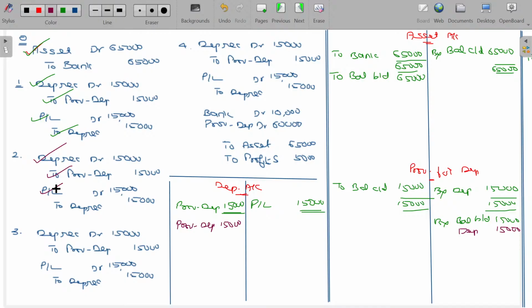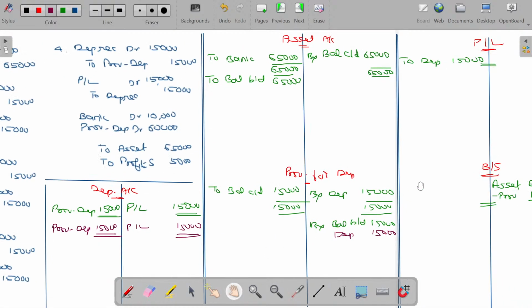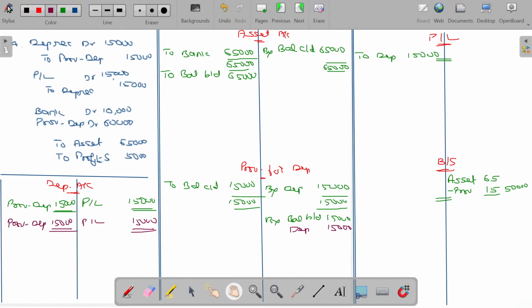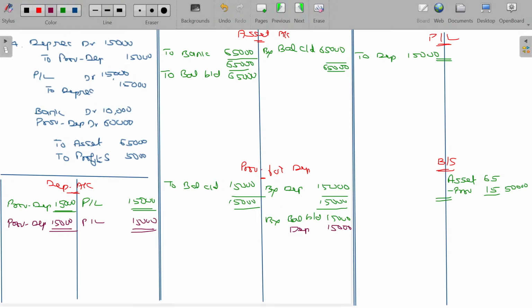In P&L account, it should be debited. In depreciation, it should be credit side P&L account. That's all. Clear? So I have posted only the P&L account. In P&L account, for the second year, depreciation will be debited here. To depreciation, 15,000. Only the extract.